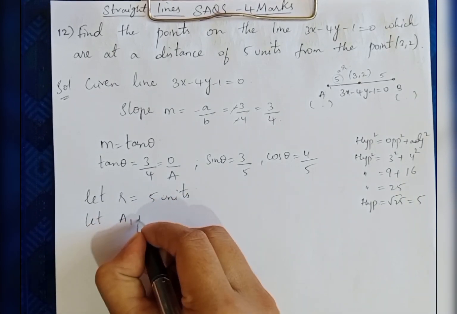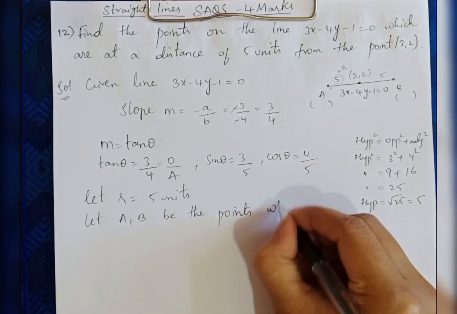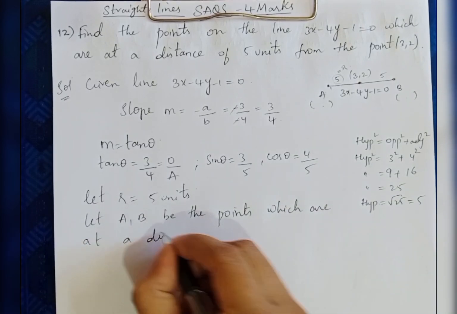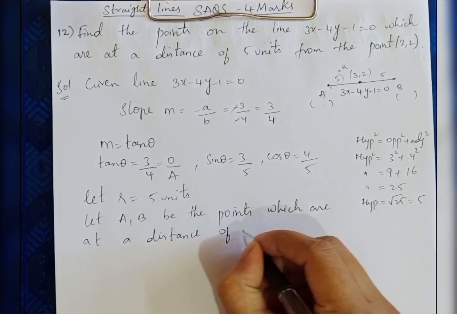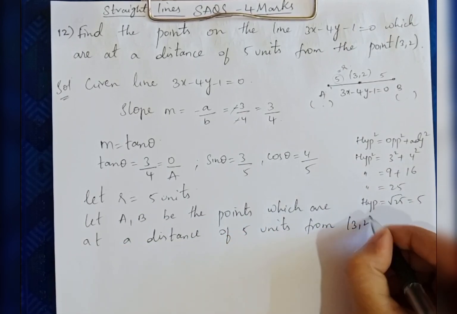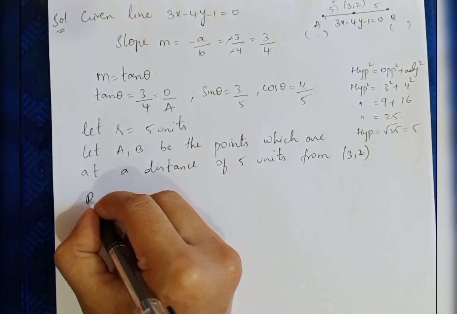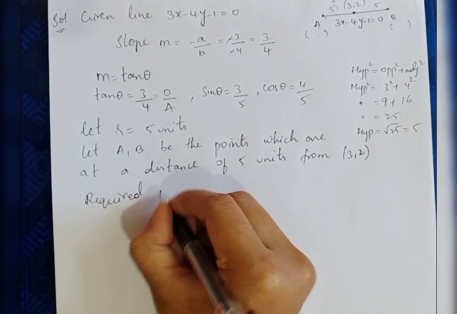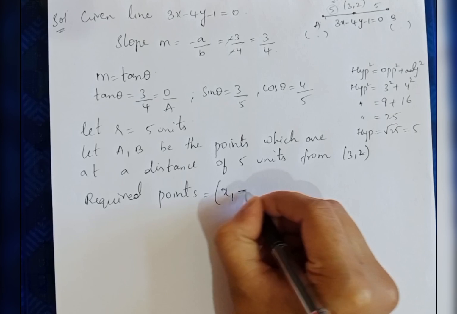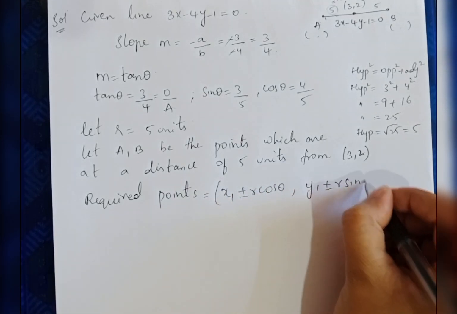Let A and B be the points which are at a distance of 5 units from (3, 2). The required points can be given by the parametric equation, that is (x1 plus or minus r cos theta, y1 plus or minus r sin theta).